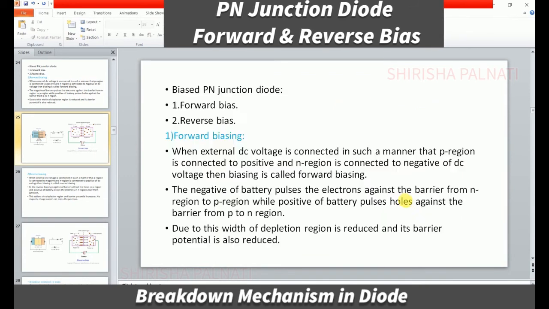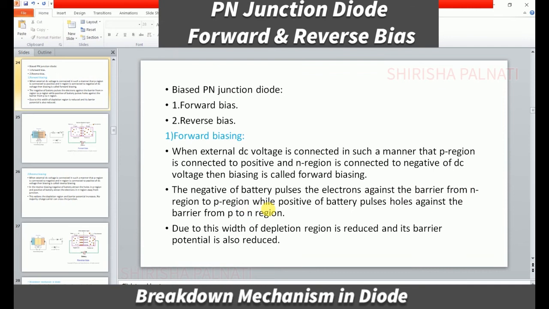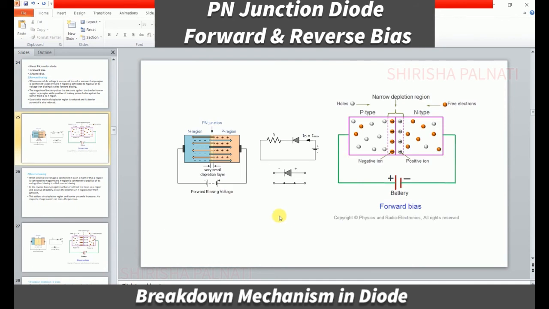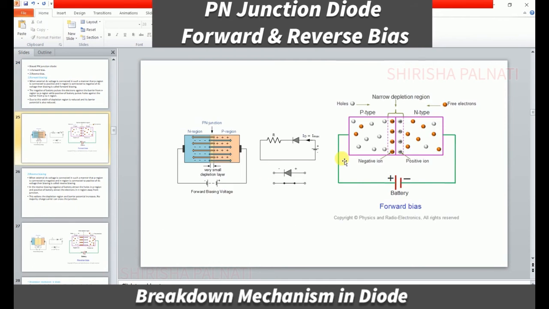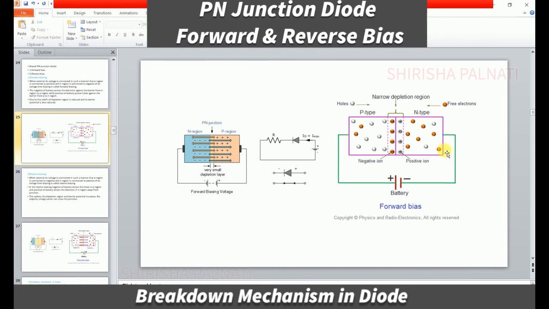That is forward biasing. The negative of the battery pushes the electrons against the barrier from the N region to the P region, while the positive of the battery pushes holes against the barrier from the P to the N region. The same operation occurs as when the PN junction is unbiased, but here we are connecting the positive terminal to the anode and the negative terminal to the cathode.